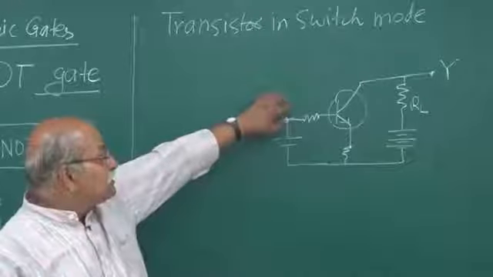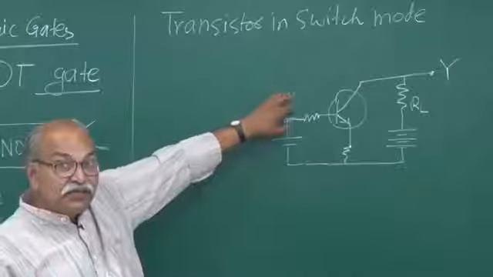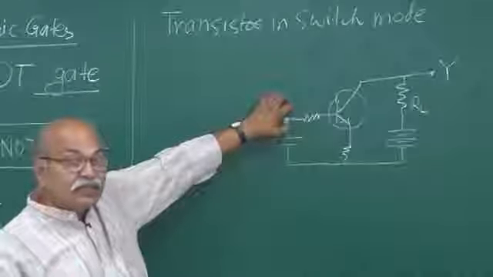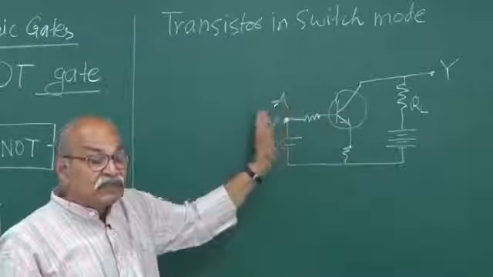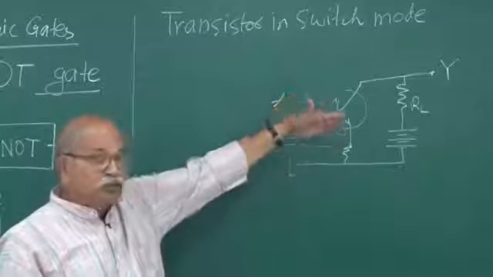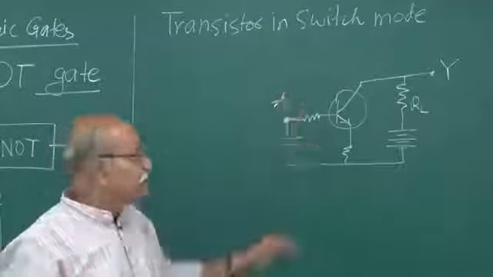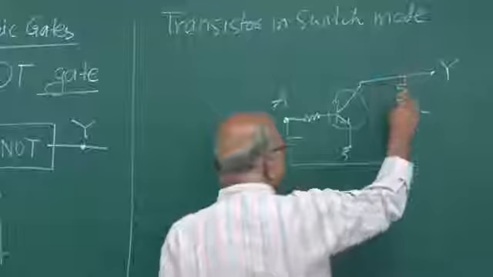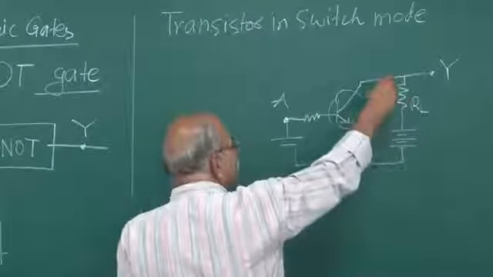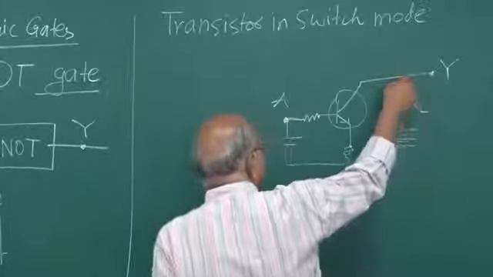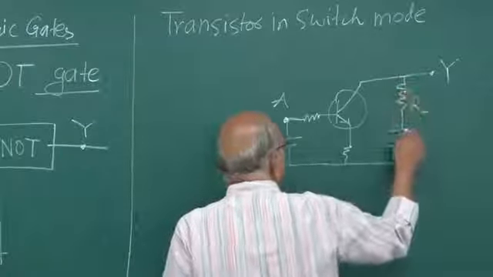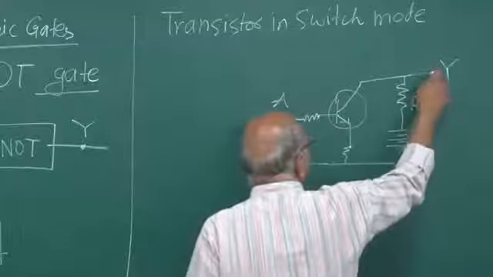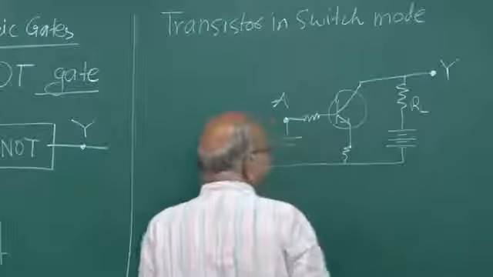So if sufficient voltage is given here so that you have driven the transistor in saturation mode, then the maximum possible current can go in that configuration, and once you have current from here, then you have a potential drop here, and therefore this potential is low, right?